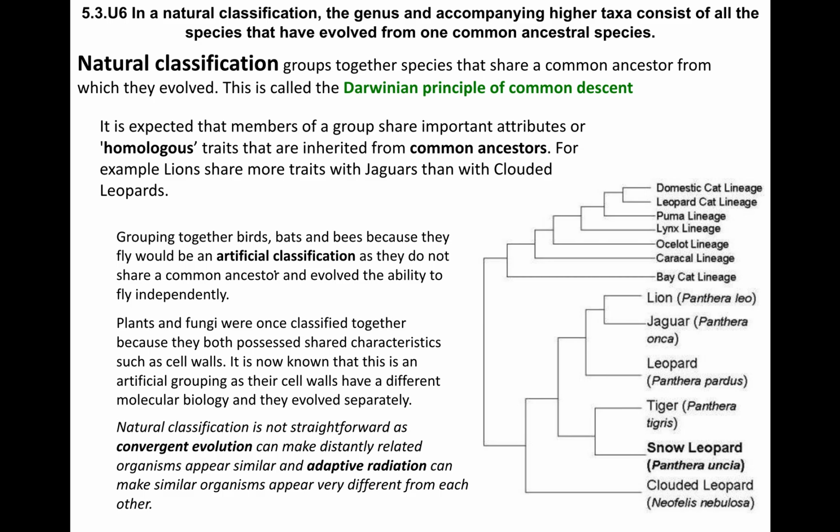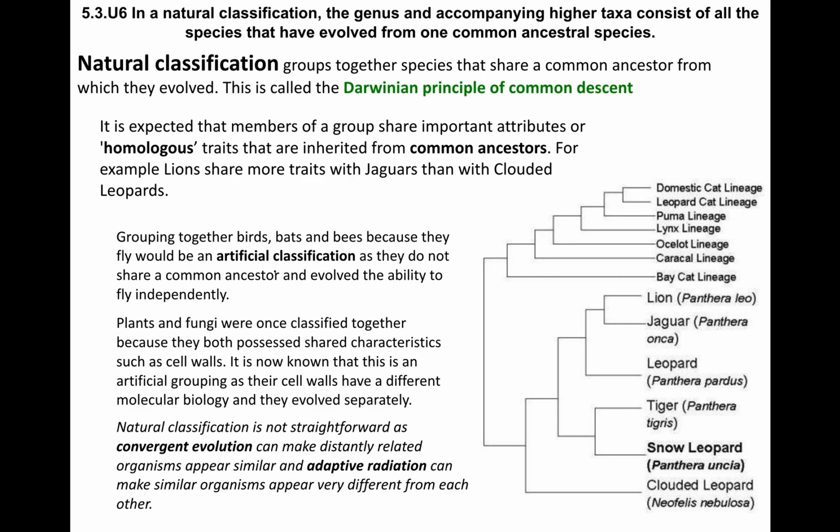Convergent means they start to converge and look alike, but their DNA is different. And adaptive radiation can make similar organisms start to look very different because they've had a change in their environments and they start to use whatever traits they have in different niches, and their functions are different, and they start to diverge away from each other.